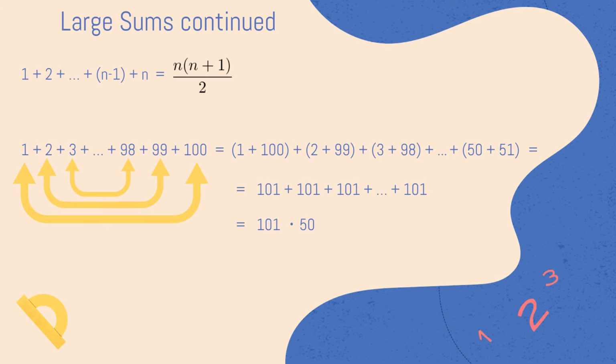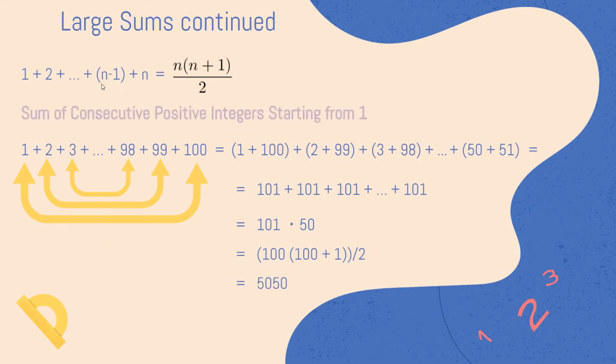So this expression is actually equal to 100 times 100 plus 1, all divided by 2, which has the same format as our original rule. And our sum is just equal to 5050. So this rule works for any sums of consecutive positive integers starting from 1 to n, where n is any positive integer.